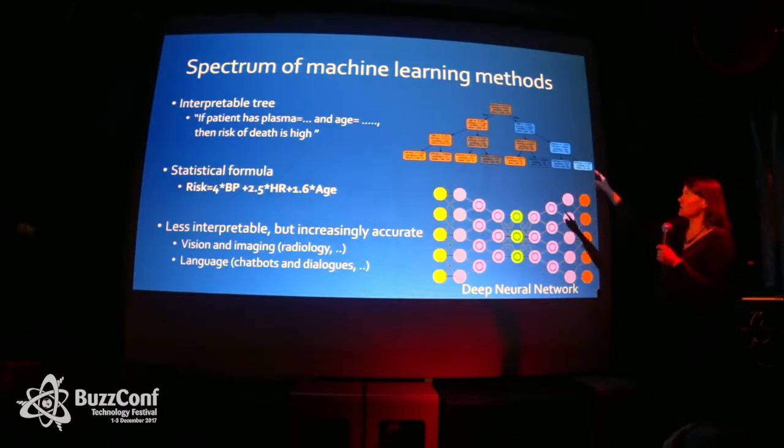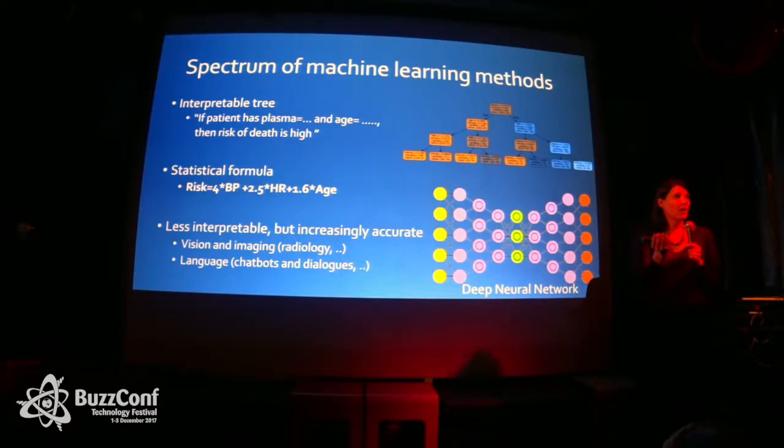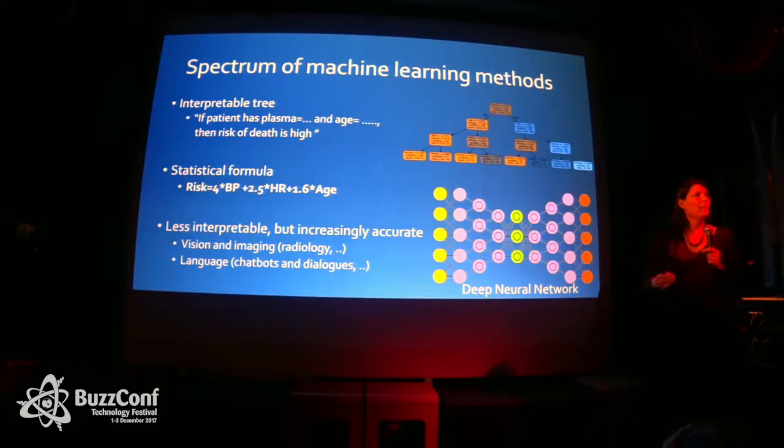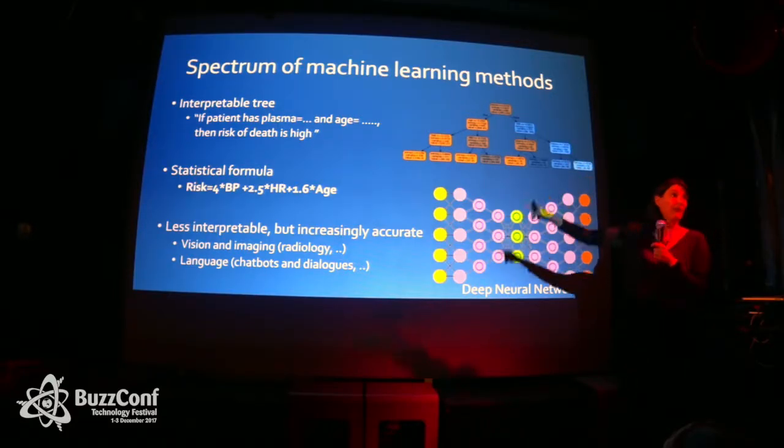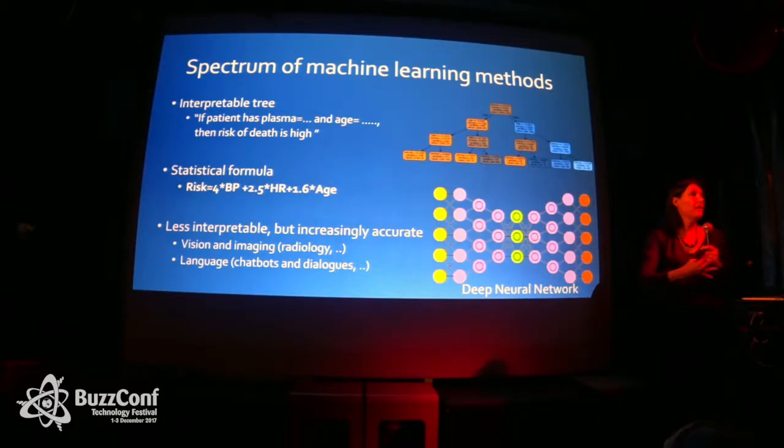The size of the tree depends on various parameters of the algorithm. For instance, there might be a threshold, so if you get a certain level of classification accuracy by looking at 3 factors, then you could stop. You don't have to keep looking at factors. That's a parameter you can set, like what level of accuracy you are comfortable with, so that you don't have to keep exploring that space.